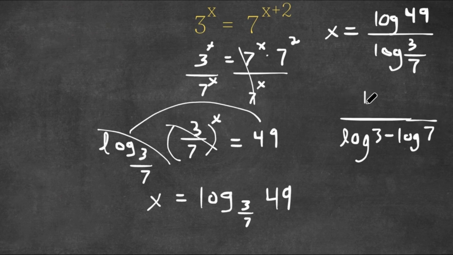And for the top, log 49 can be rewritten as log 7 squared.